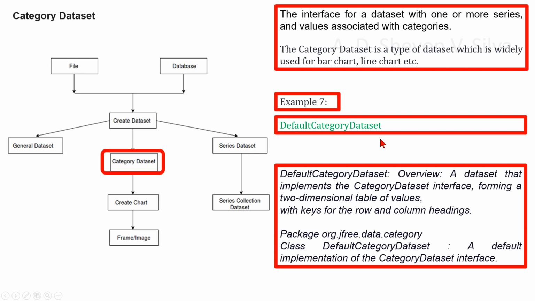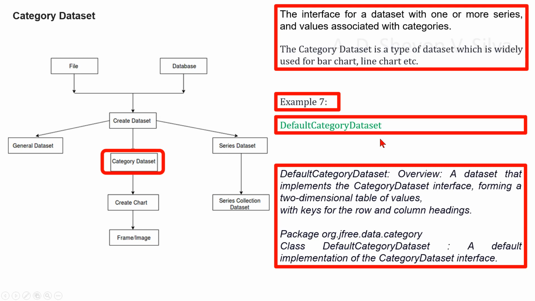Overview in DefaultCategoryDataset, a dataset that implements the CategoryDataset interface, forming a two-dimensional table of values with keys for the row and column headings. The DefaultCategoryDataset in package org.jfree.data.category, a default implementation of the CategoryDataset interface.